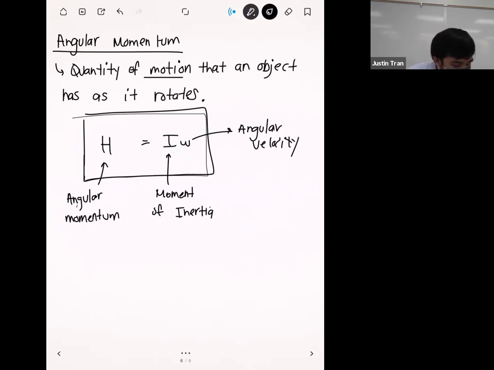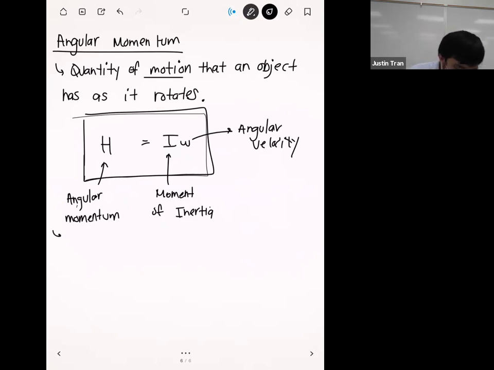And all of the complications that come with moment of inertia that we just talked about become associated here as well. Okay. And so depending how the mass is distributed in an object, that of course is going to change the moment of inertia, and that of course is going to affect the angular momentum as well. Okay. So just kind of keep that in mind.